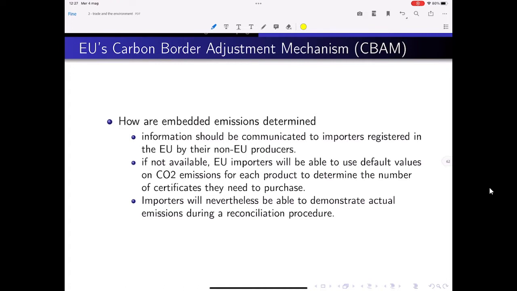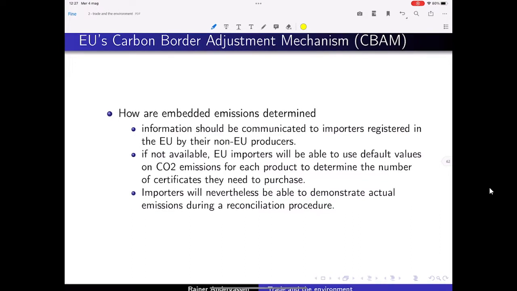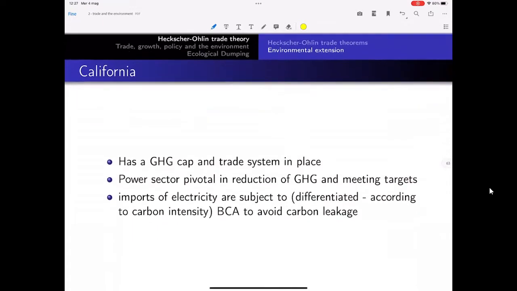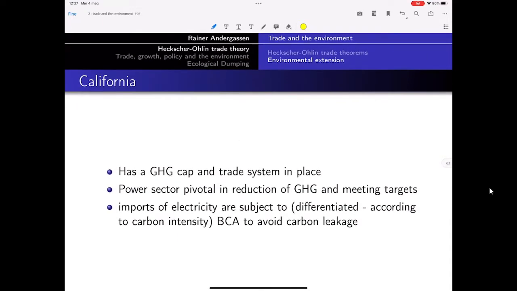And this clearly is needed in order to determine the number of certificates that have to be purchased. And then there should also be a conciliation procedure, should there be a mismatch. Okay, this is the proposal.